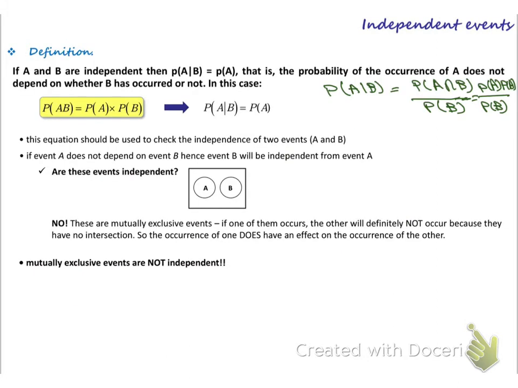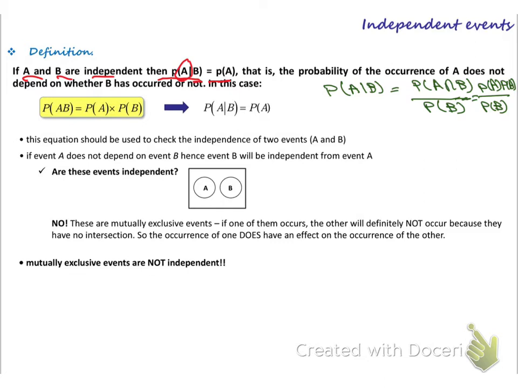Here in this slide, before proceeding with other examples, he just gave us a hint that if A and B are independent, then the probability of A given B equals the probability of A only. So how would this happen?